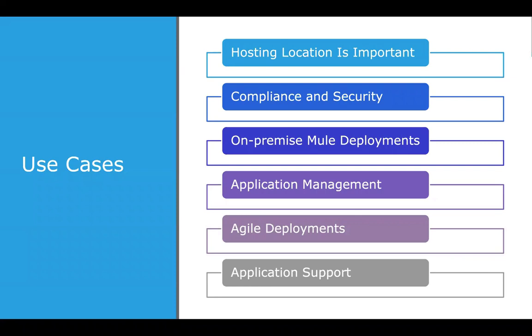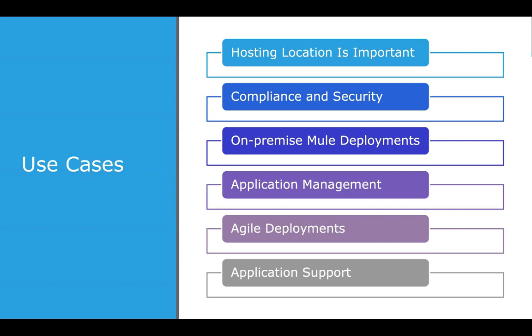When compliance and security might mandate that you can't deploy to the cloud, if your organization just simply won't allow you to deploy to the cloud, Runtime Fabric might be a great option for you because you can still deploy to your own infrastructure that your organization would allow, but then be able to manage your deployment from the cloud. And really in general, any on-premise deployment would probably be a candidate for Runtime Fabric.